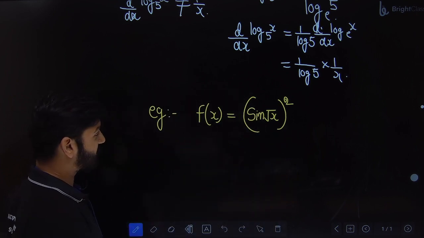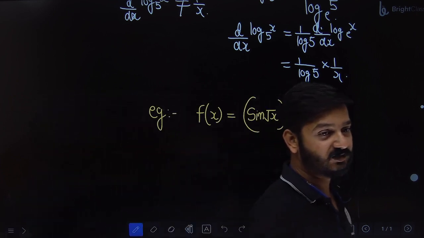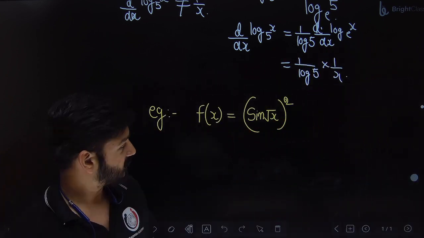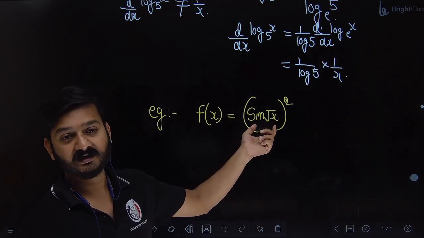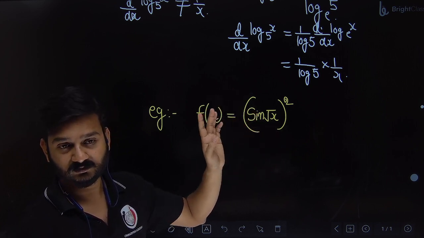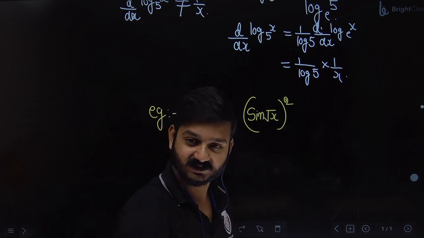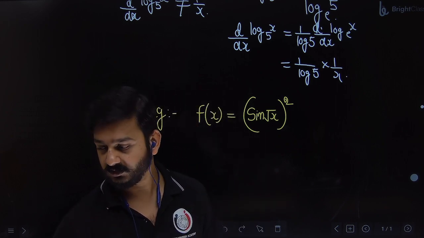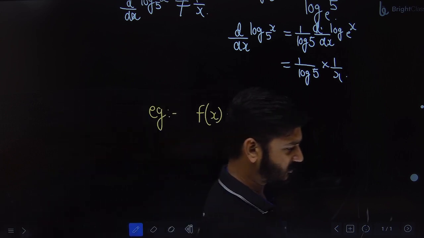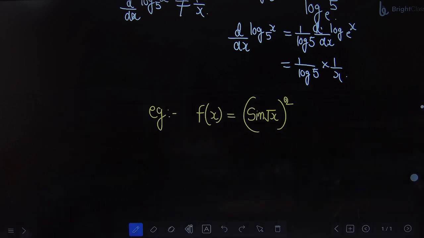So let's differentiate it. How many functions are there? What is the outermost function? Quadratic, square. Then what is the next function? Sine theta. Then what is inside sine theta? Square root. So a function inside a function is present. We will use which rule? Chain rule. So whatever you remember about chain rule, try it and tell me the answer.